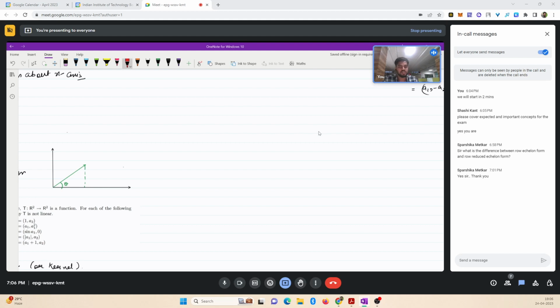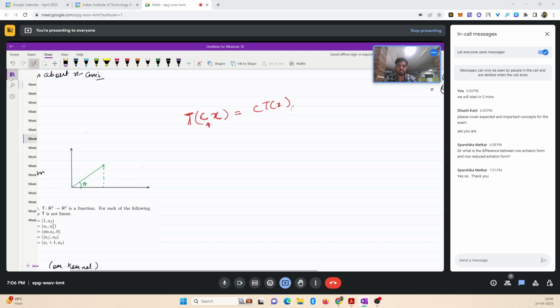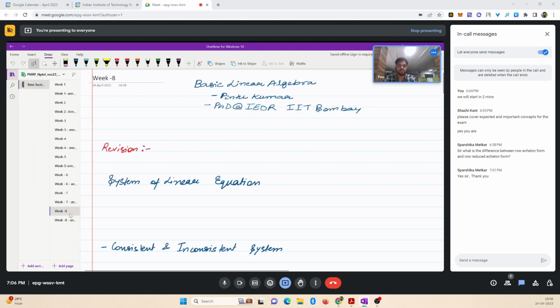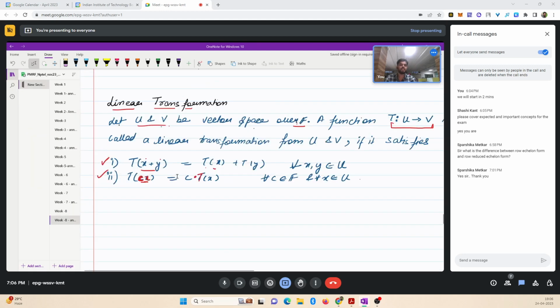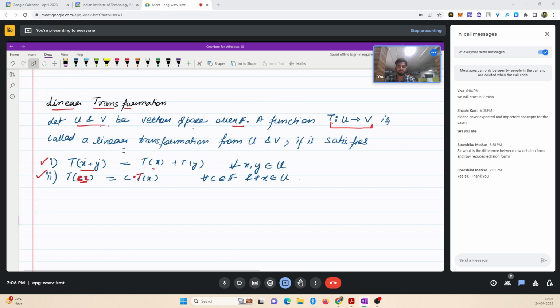And the second property is also very easy to see, that the transformation of your cx, that is if you are multiplying it by some scalar, then that scalar should come out. So if a function is satisfying these two properties for you, then that particular function you will call a linear transformation.